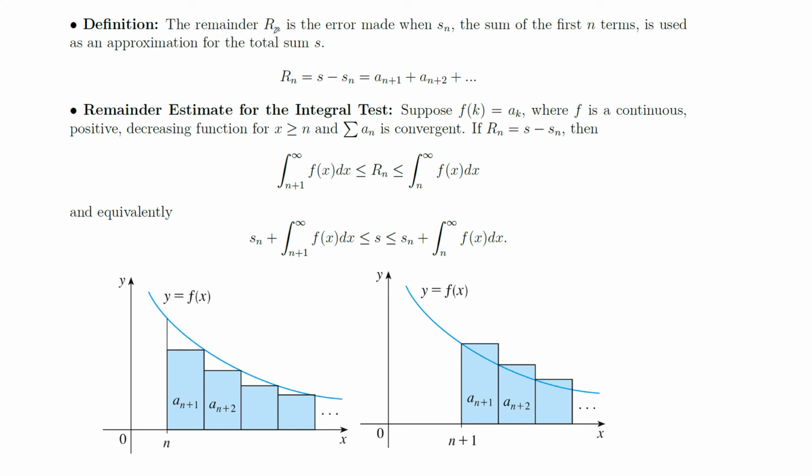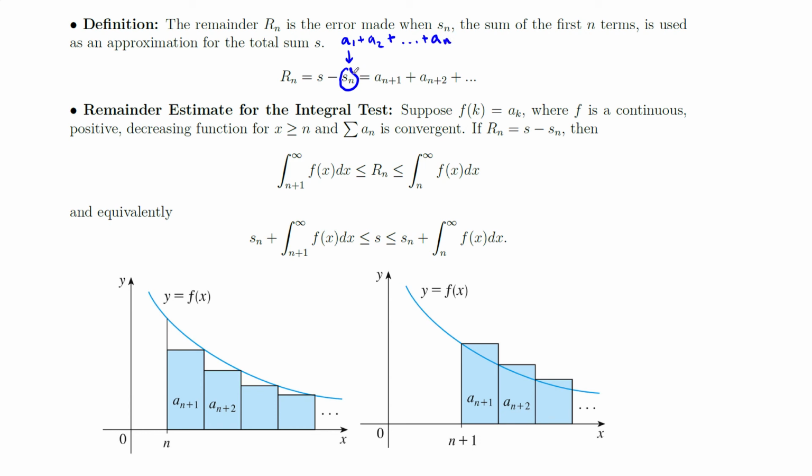So the remainder is the error when you use a partial sum, right? Remember, a partial sum would be a1 plus a2 plus all the way up to an.